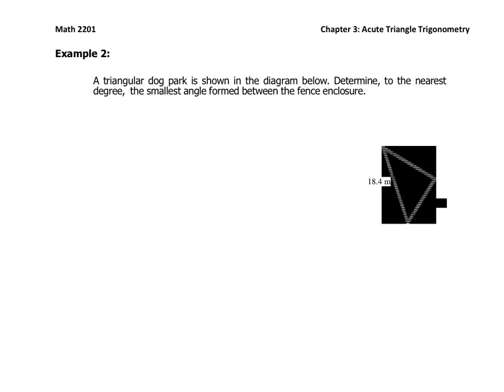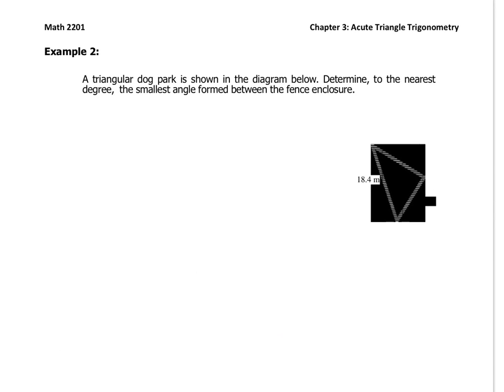Okay, so now this diagram here, the sides got blacked out, so it basically looks like this. This is 18.4. This is 16.2, this should be. These are all meters. And this should be 13.4 meters.